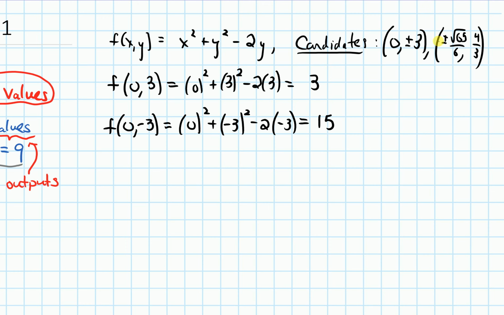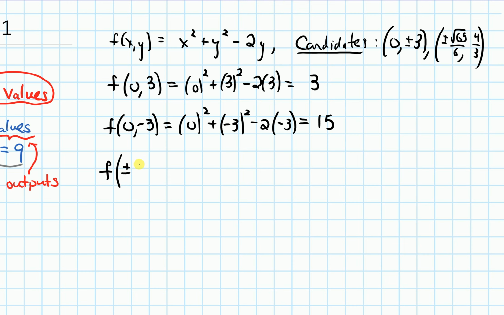And then we got to plug in the plus or minus root 65 divided by 6 for x, and then 4/3 for y. One thing that's going to reduce my work there is I noticed that the y value for those 2 points is the same, but the x could be either positive or negative. And I noticed that when I square the x value, we'll end up getting the same thing, no matter which of those two I plug in, the positive root or the negative root. So let's just do both of them at the same time.